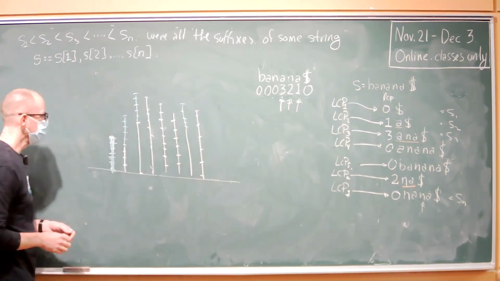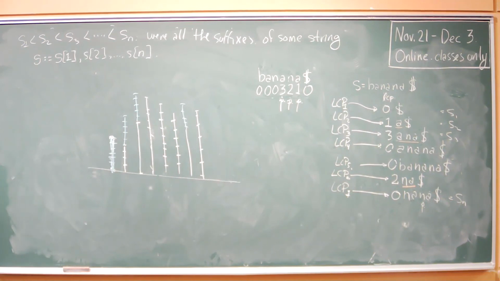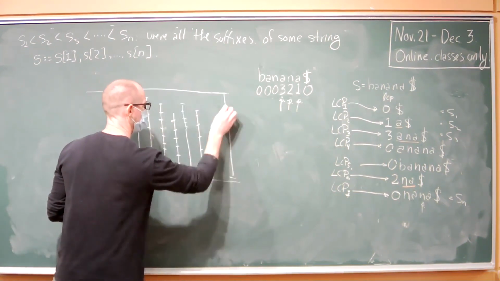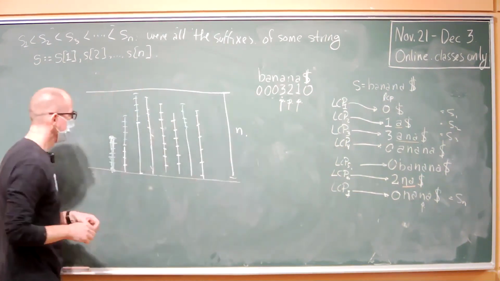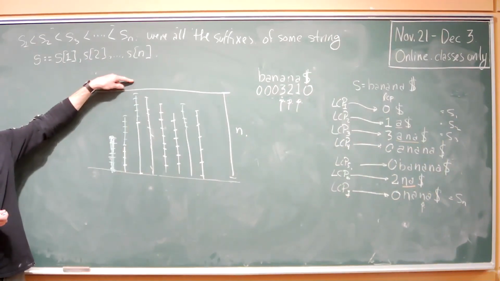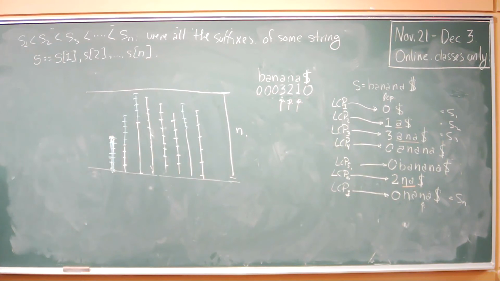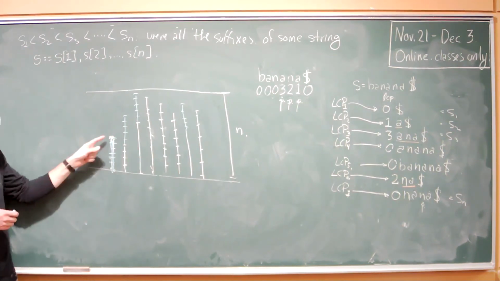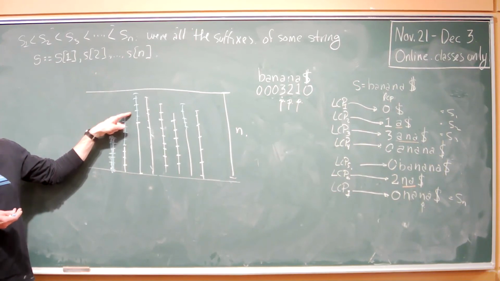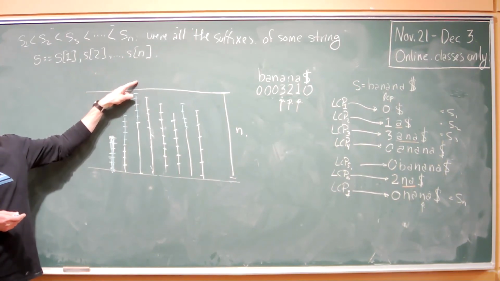Okay, and of course, we never get a longest common prefix of length bigger than n, right? So we have this number. At each stage, it goes up by something. We have to pay for that. Then it goes down by 1. Goes up by something.